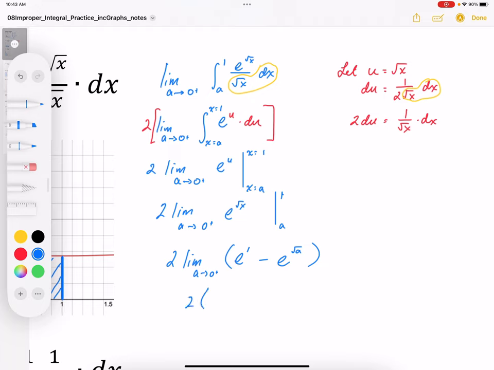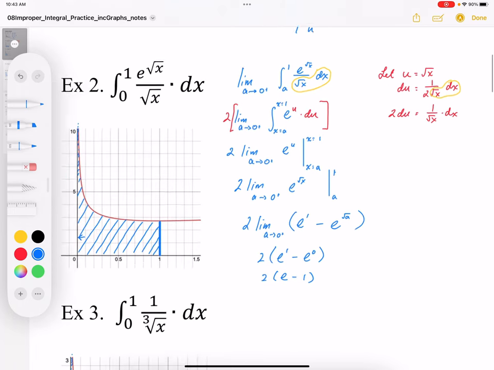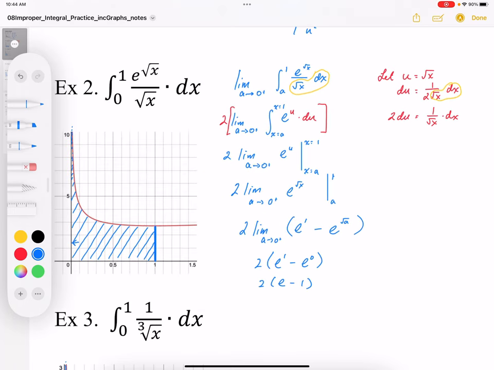It's 2 times e to the 1 minus e to the 0, or 2 times e minus 1. Okay, so that value there is in units squared because it represents that blue area that I've shaded in here. And as we approach the vertical asymptote, that area to the left is unbounded.